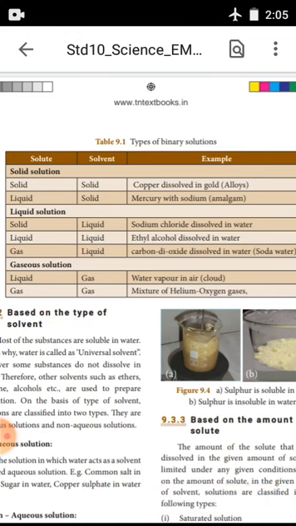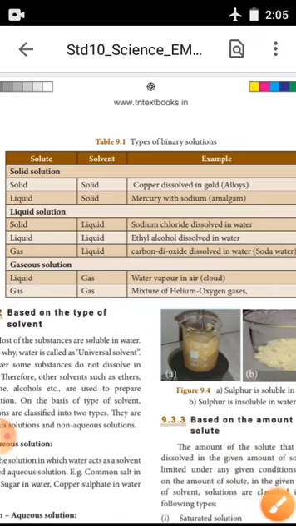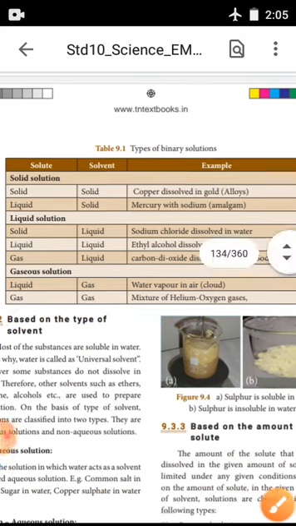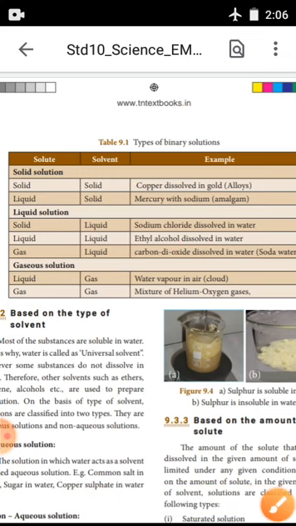And see the example, mixture of helium and oxygen gas. That is gas in gas. Dear students, this tabular column is very important because they are asking 1 mark and 2 mark questions.